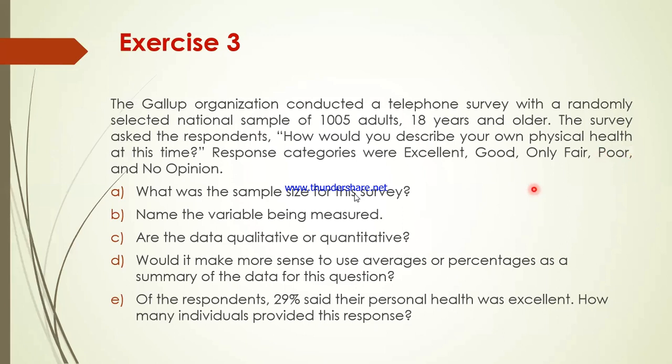Right. Now part C. Write the answer. We know the variable and how we are measuring it; the values we get for this variable are the data. Now you tell whether the data are qualitative or quantitative. It is qualitative because we are measuring this variable using categories, not numbers.